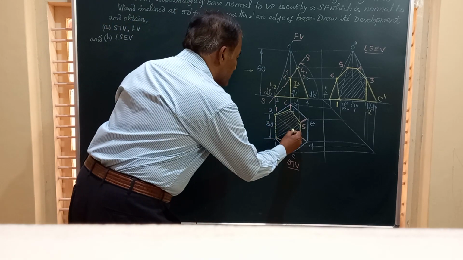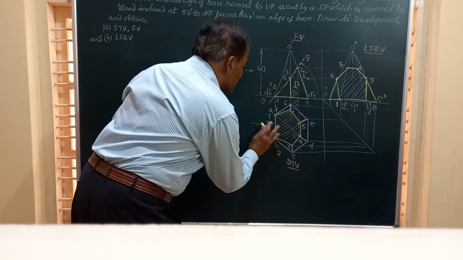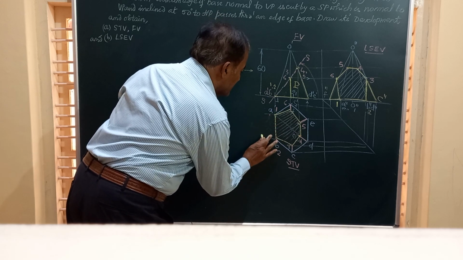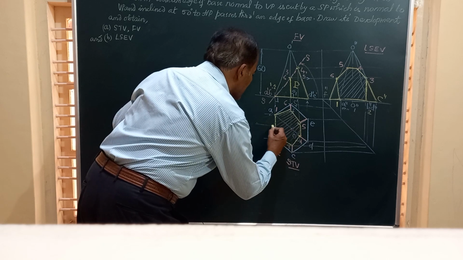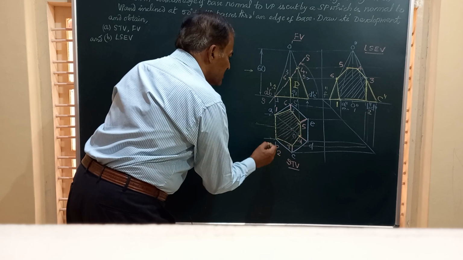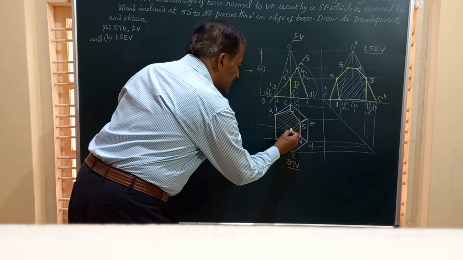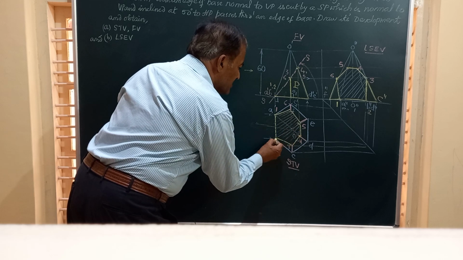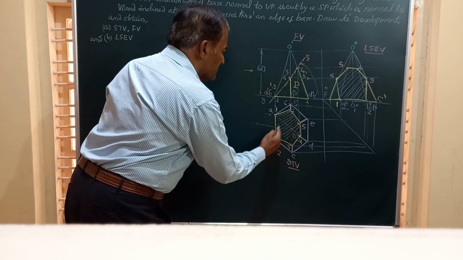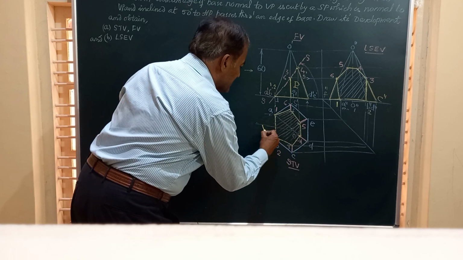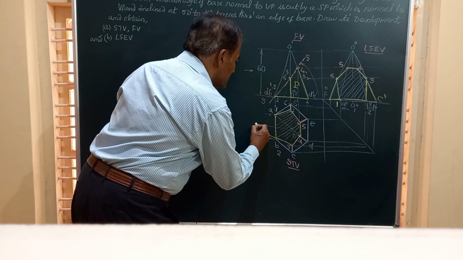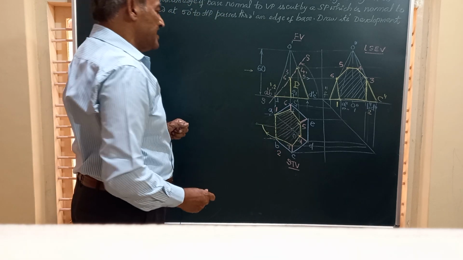So through this point O, I am going to draw a horizontal line. Taking O as center and OB as radius, I am going to draw an arc. Say that arc is going to meet this horizontal line there.